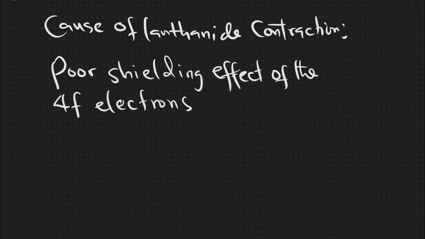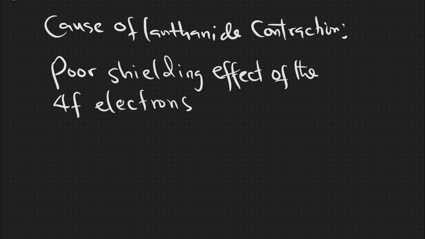Think of your house when the door is open. You are likely to attract thieves, diseases, and all sorts of things. You'll be vulnerable, right? So that's a very good example of the lanthanide. That's what happened.